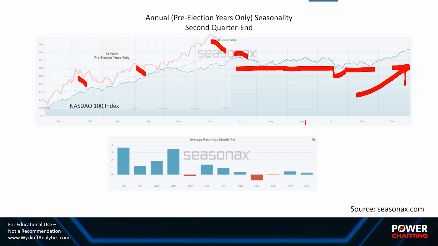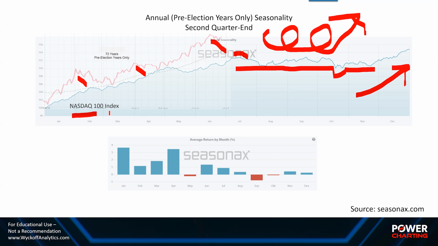I believe that as we look at this, we may be seeing in the third quarter actually rotation, and the rotation could be away from these Nasdaq 100 names and into other more industrially, economically sensitive areas of the market. We've talked a little bit about that previously, and we will do so again in the weeks ahead.